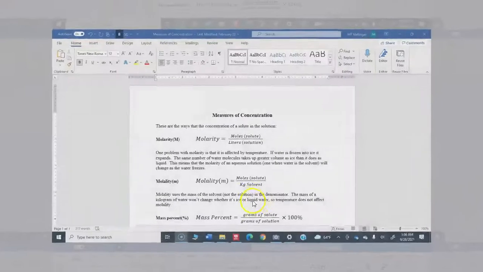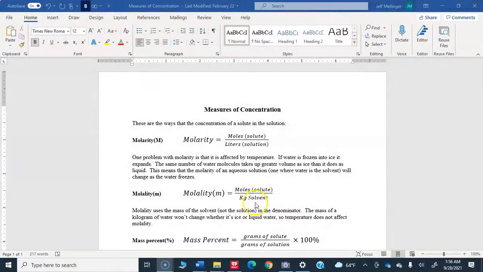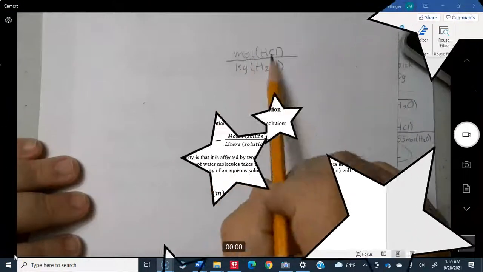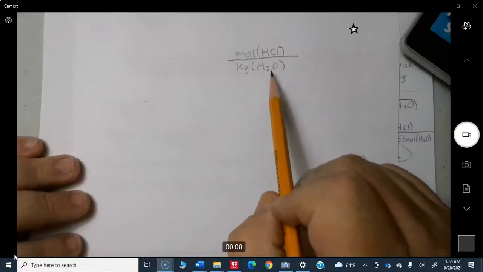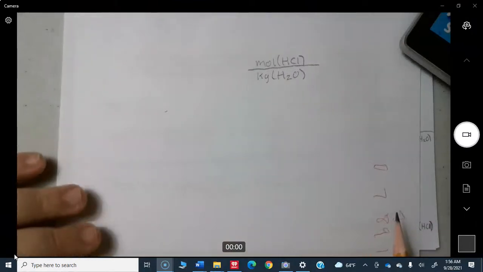Go back to your concentrations sheet. Okay, and molality is moles of solute over kilograms of solvent. And that's almost always water in this case. That should, of course, be in parentheses. So that's the formula we're going to use. Okay, so there it is, moles of HCl over kilograms of solvent. There it is, so that's molality right there.